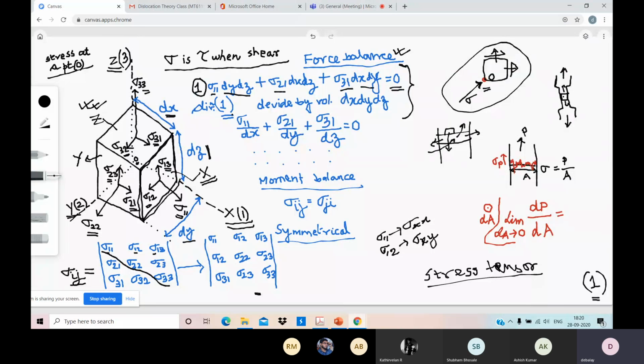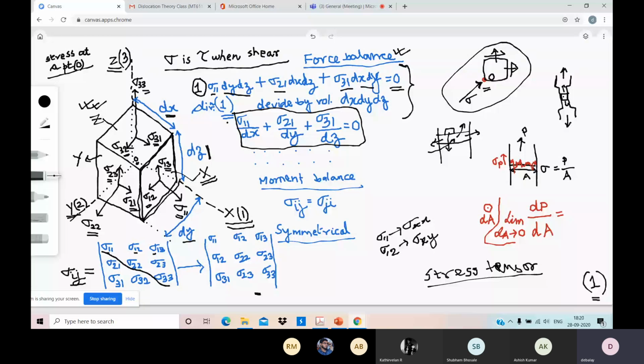Now if we divide it by volume, we get this kind of term for the stresses acting in direction 1: sigma 1 1 by dx plus sigma 2 1 by dy plus sigma 3 1 by dz equal to 0. This is for a body under static equilibrium of forces, not dynamic equilibrium.